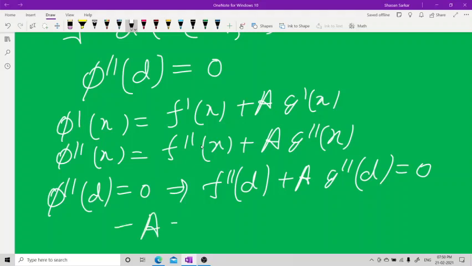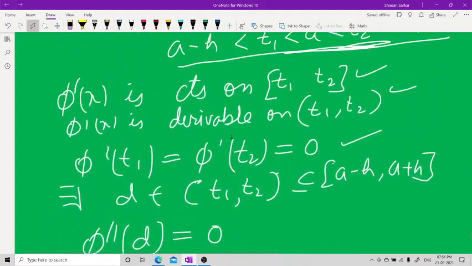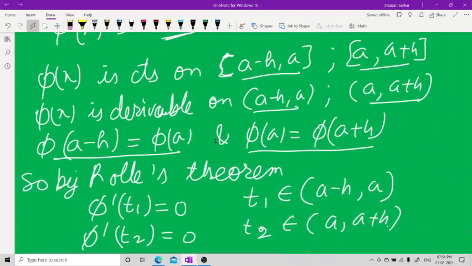That means minus a is f double dash d upon g double dash d. Now you see one very important conclusion. I have written this thing once and this thing once. I hope you are getting this point, this equation and this equation.